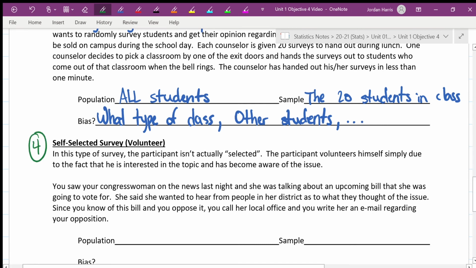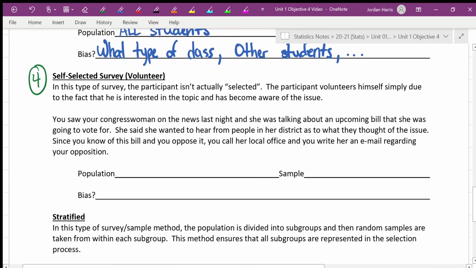Number 4, self-selected. Okay, in this type of survey, the participant isn't actually selected. The participant volunteers. Okay, that's what makes this type of survey. Simply due to the fact that he is interested or she is interested in the topic and has become aware of the issue.